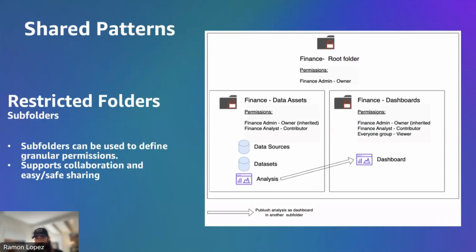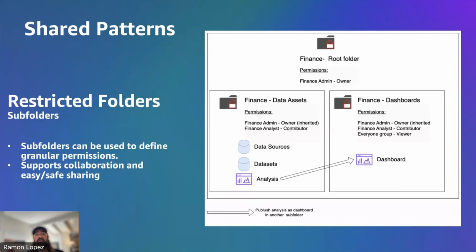You have two subfolders in this case, in this simple scenario. This can be much more complex. I've simplified it here for the sake of the presentation. But let's say that you have one folder that has all of your data assets. In this data assets folder, there's permissions that are inherited. So from the root, we inherit down the folder. So the finance admin will have owner permissions here.